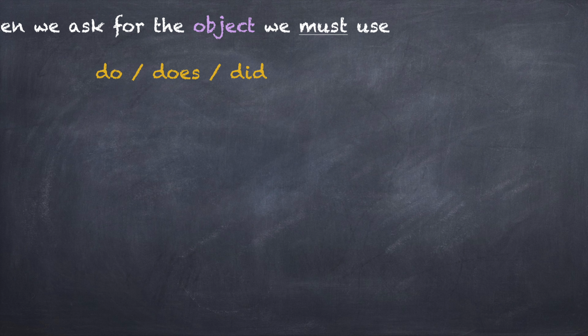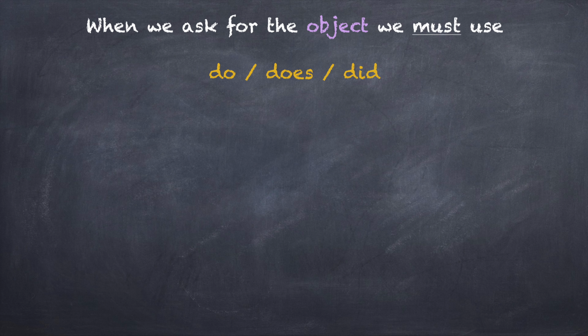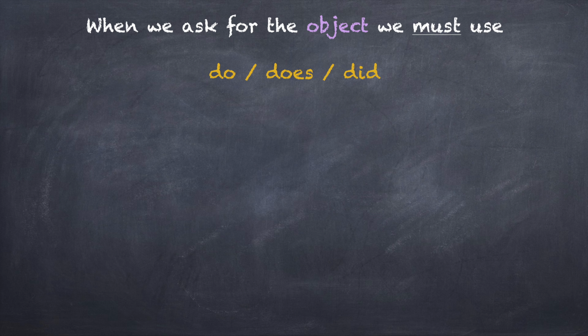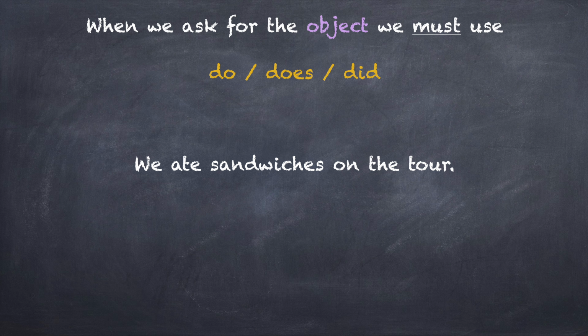It's different in object questions. Here you must use do, does, or did, which is a question for wen, wem, oder was in German. Here's an example. We ate sandwiches on the tour. Now, here in this sentence, we want to know what did you eat on the tour? So the sandwiches are the object.